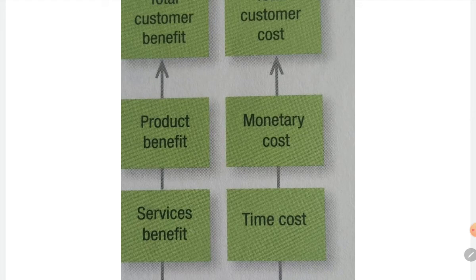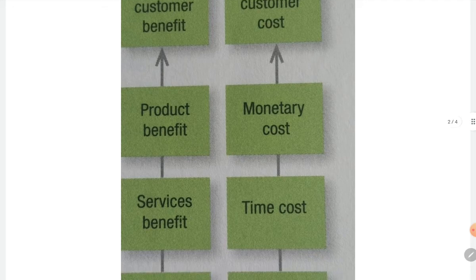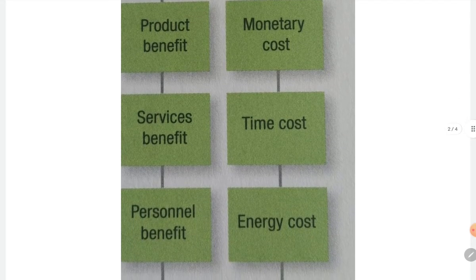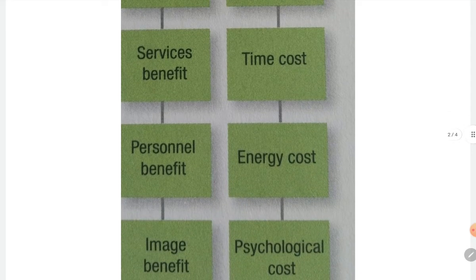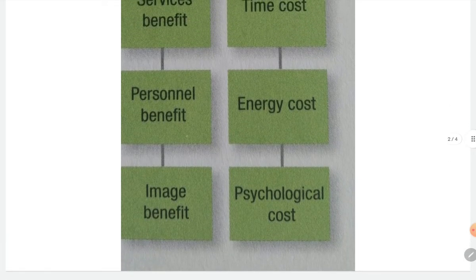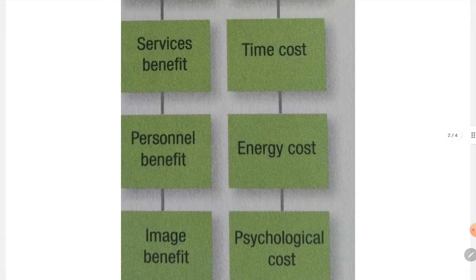Then each and every customer is going to receive some service, either directly or indirectly, and then some personnel benefit will be there. That means human resource related help is going to be there, and it is going to help him in image building.